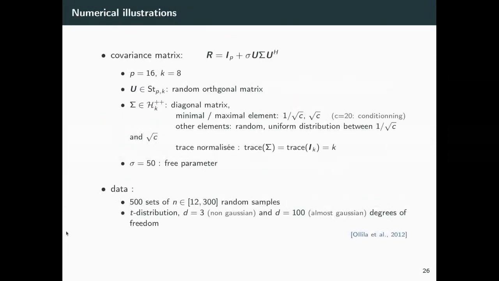So then we have made some numerical experiments to confirm that our performance bound is accurate.